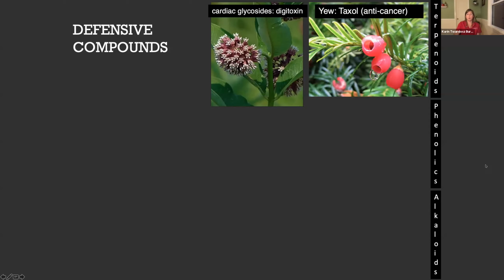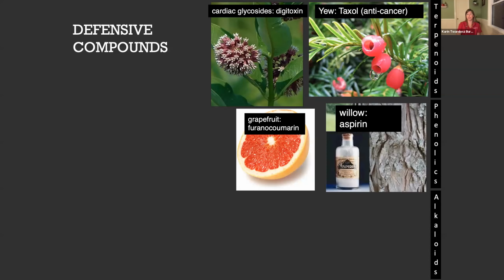So for example, milkweeds produce cardiac glycosides, and we use that within some of our medicine actually for heart conditions, which is digitoxin. Yew produces a compound called Taxol, which is an anti-cancer compound. There's also phenolics, such as aspirin, which is actually from willow bark and is a defensive phenolic.